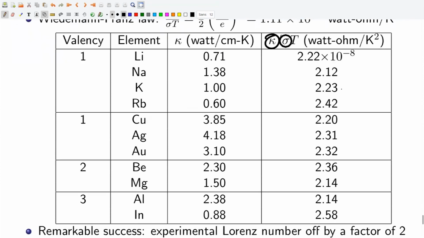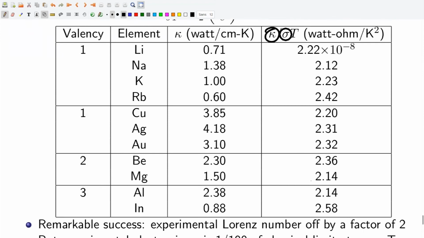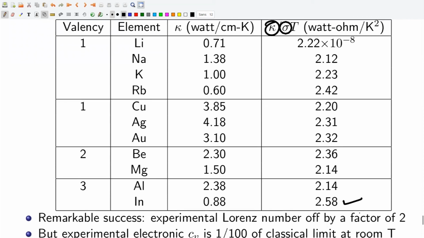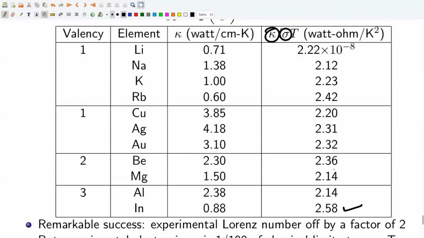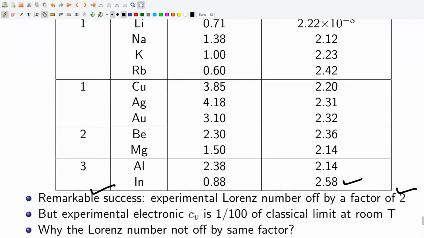And then if you look at different metals, it varies slightly, but still it is within a range of about 2 to 2.6, correct? So that means the Lorenz number according to the Drude model differs from the experimentally calculated value only by a factor of 2, which is a remarkable success of the Drude model.